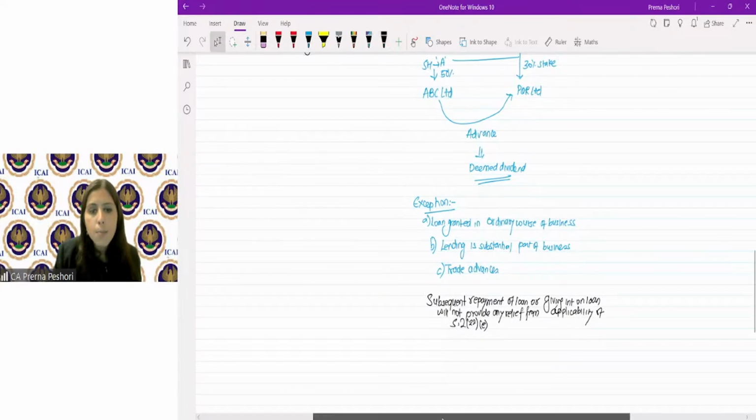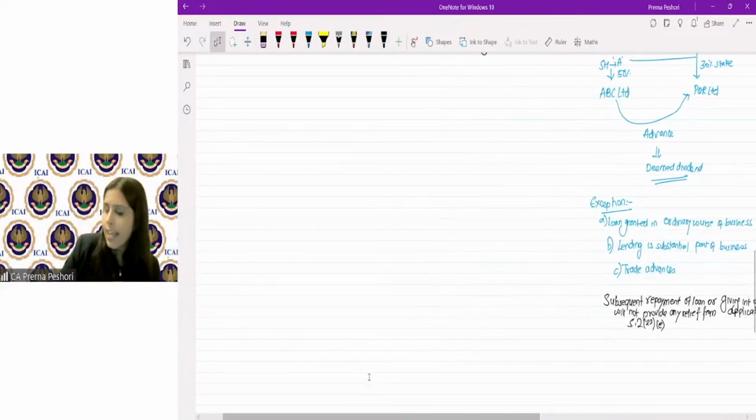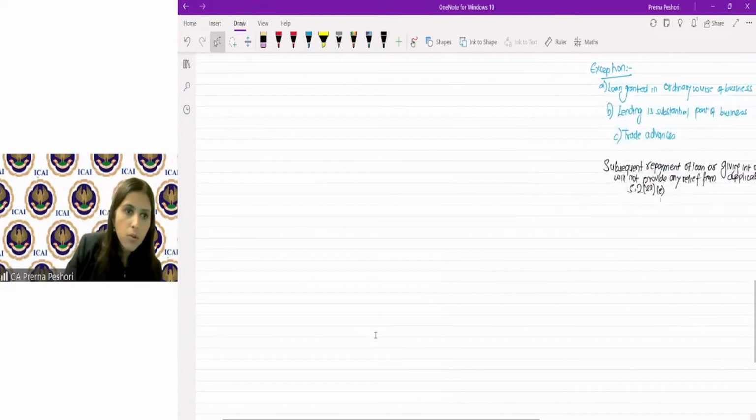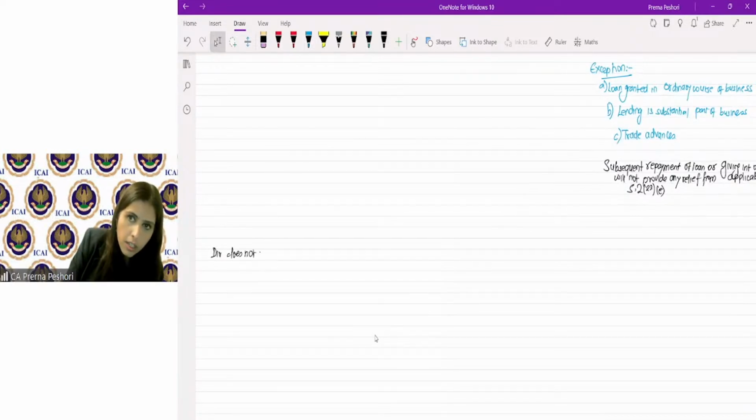Now, what are the other exceptions to the dividend? Now, dividend as a whole, not just advances or loan, dividend does not include buyback of shares.